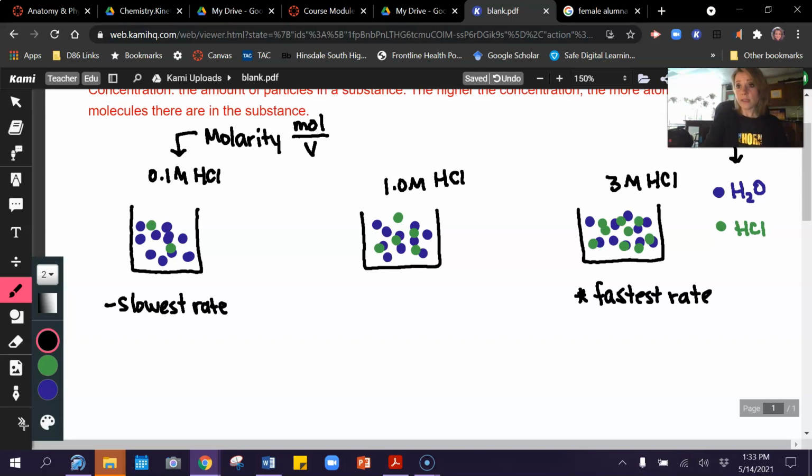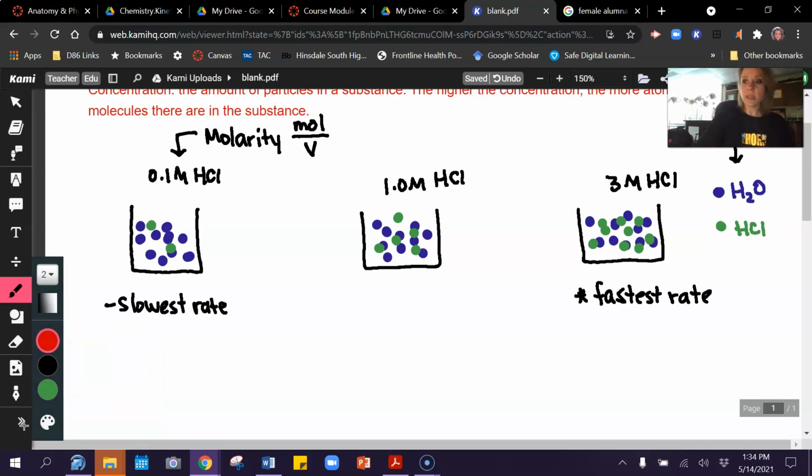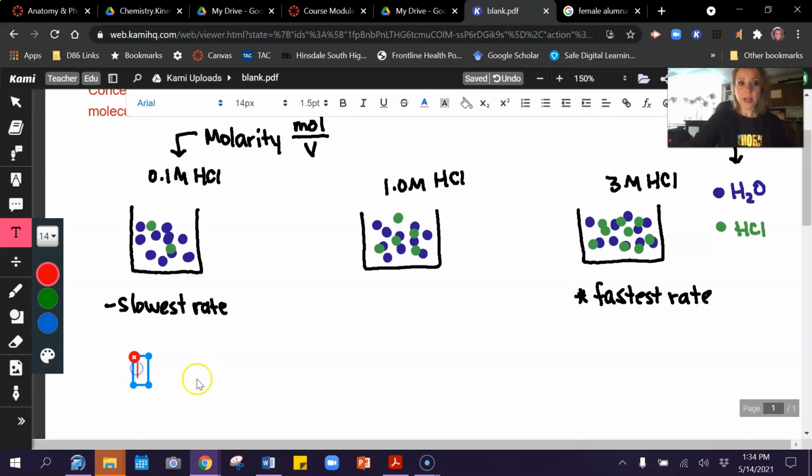Well, why is the higher concentration of acid going to produce a faster reaction rate than the lower one? Well, the thing to remember about molecules is this. In order for molecules to react, they have to collide.